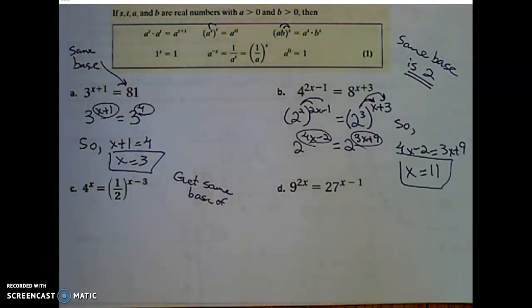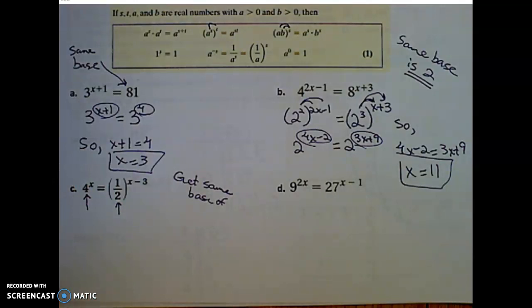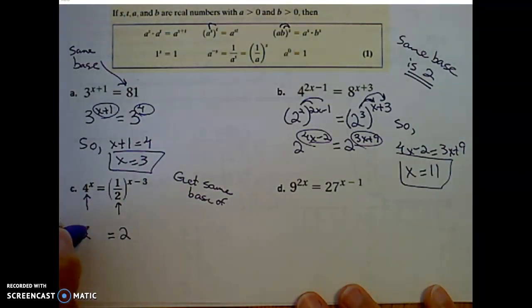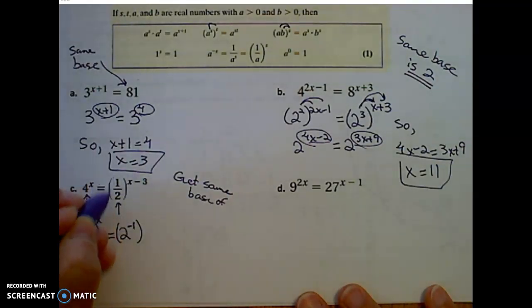Look at that next case in part C. You can see the base, 4 is 2 to a number, 1/2 is 2 to a power. So rewrite 4 with a base of 2 and rewrite 1/2 with a base of 2. Think about that for 1 second. A little trickier with that fraction. So here, 4 is 2 squared, and then I have to raise that to the x power. 1/2 is 2 to the negative 1, and I have to raise that to the x minus 3 power.